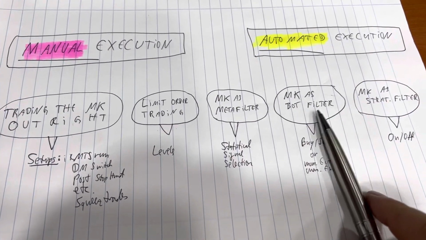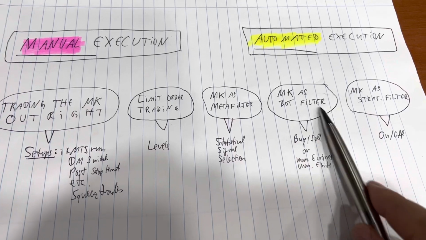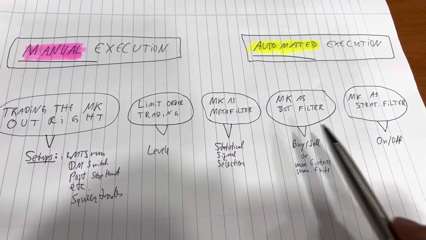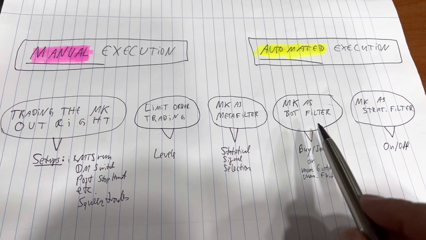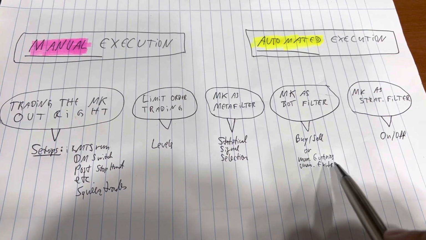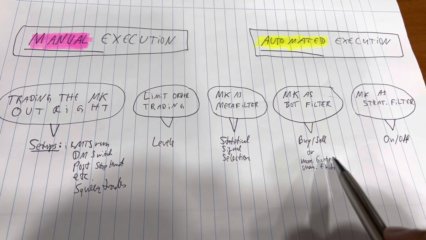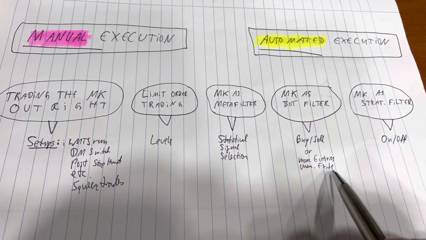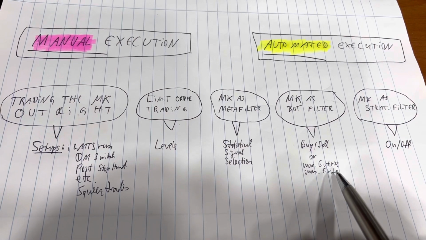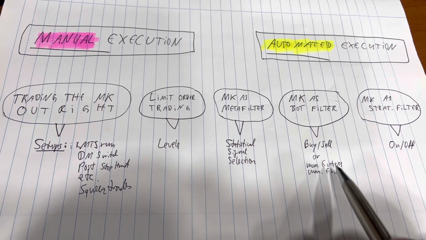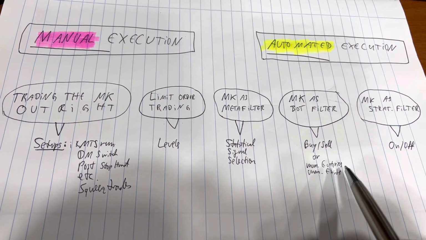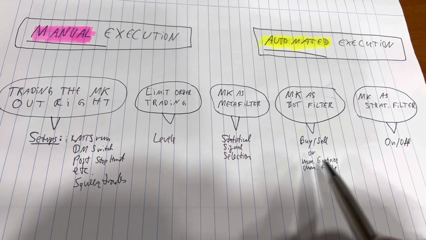Now the next step would be to use the market causality as a filter for any trading bots. Yeah, that's something I do, as you know. So there are different ways of doing this. Some people like, for example, to automate only exits or entries of trades, okay? And to manually decide where to enter or where to exit, so one of the two.